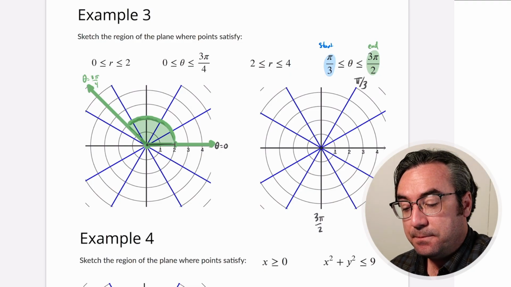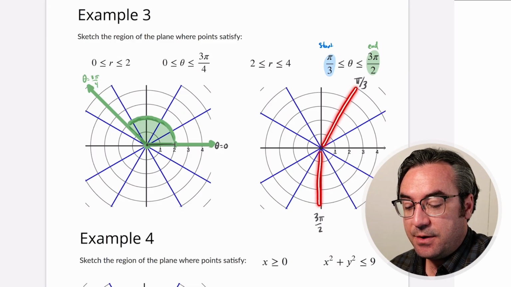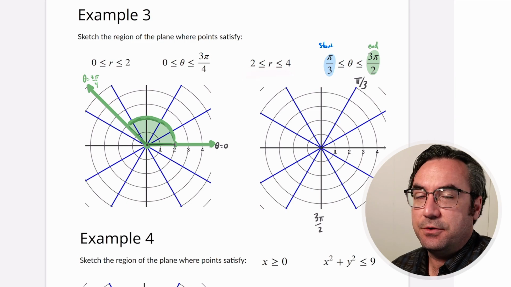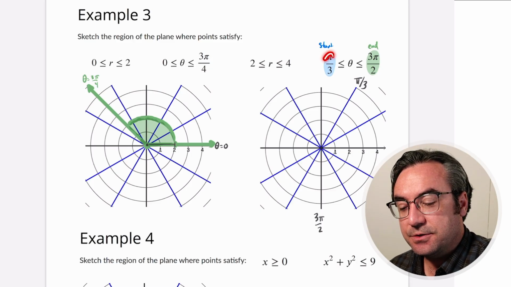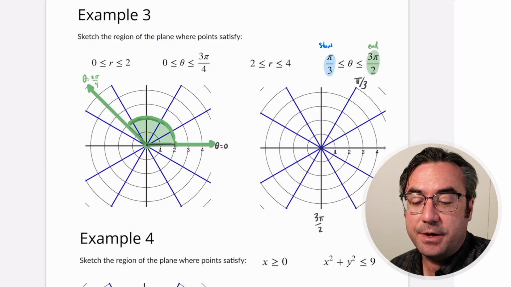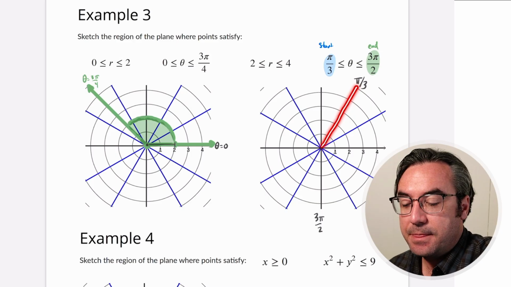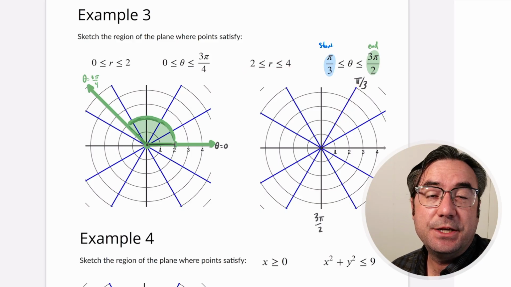All right, so once we have those rays plotted, then we can look at our r inequality. Let's start with pi over 3. We want to look at all the points on that ray that have an r value between 2 and 4.